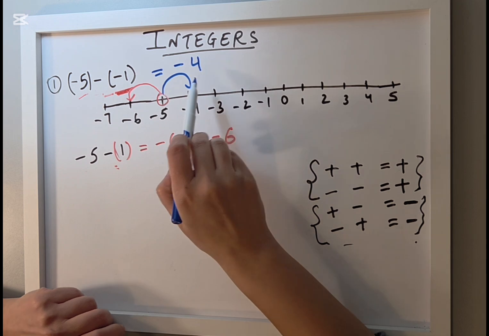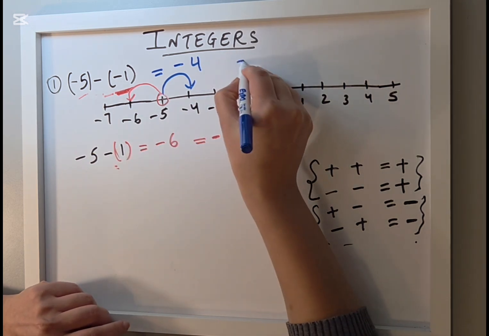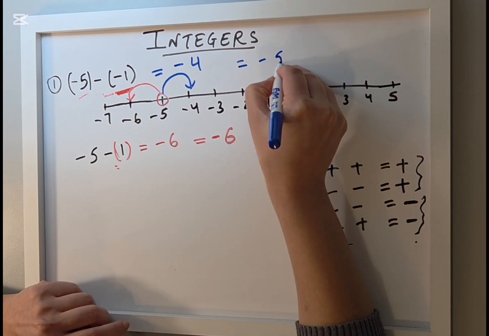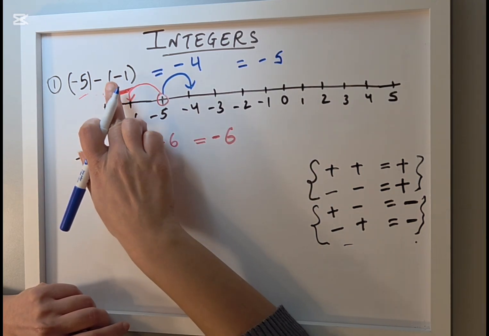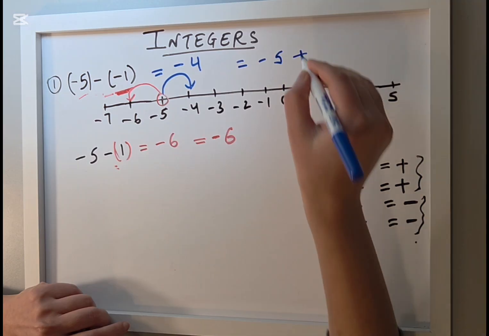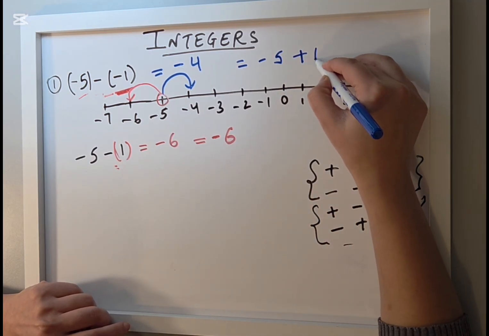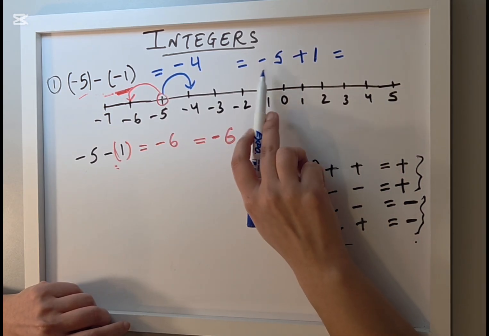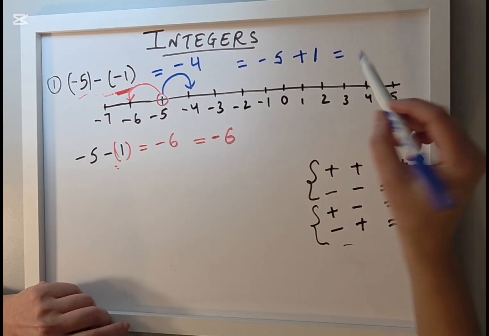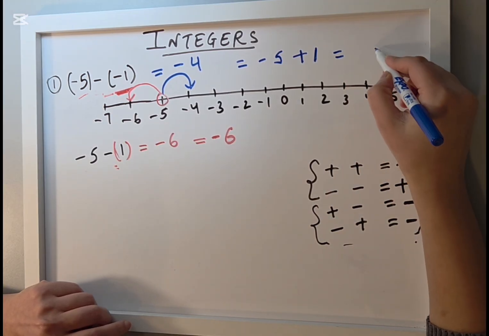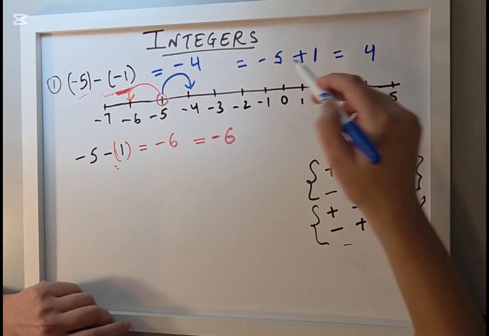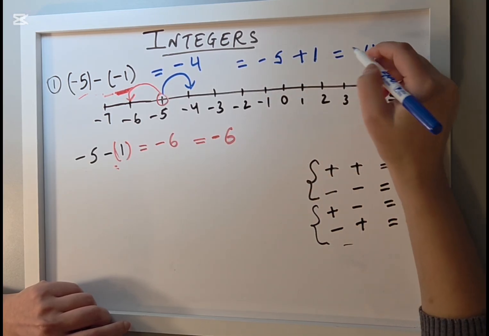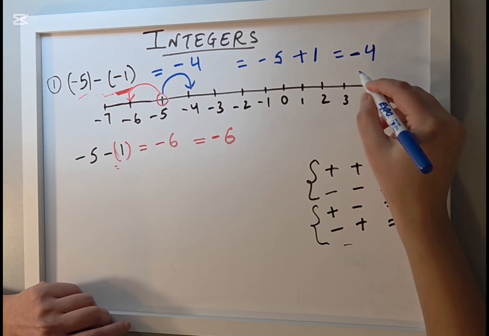And in this case, we have minus 5, but this minus in minus becomes plus, and we have 1. So here we have minus and plus. So minus and plus becomes minus. So 5 minus 1 is 4 and the sign will be of the bigger number. So we'll get minus 4.